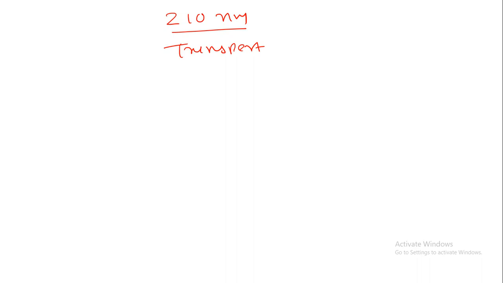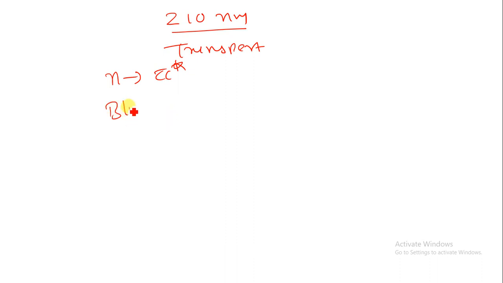Polar bonds like carbonyls are affected by the solvent polarity. If you increase the solvent polarity, the n to pi star transition undergoes a blue shift.